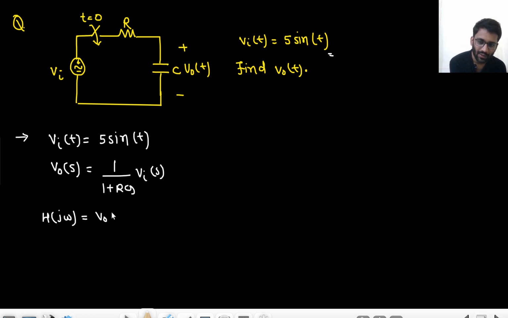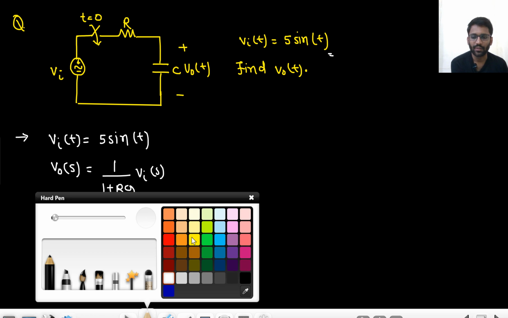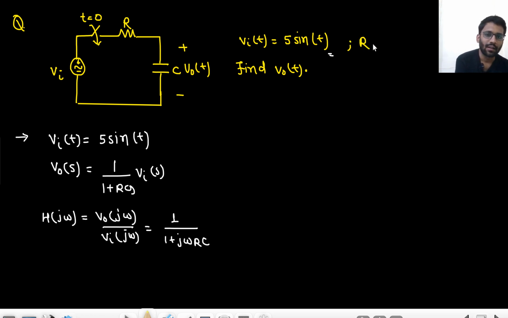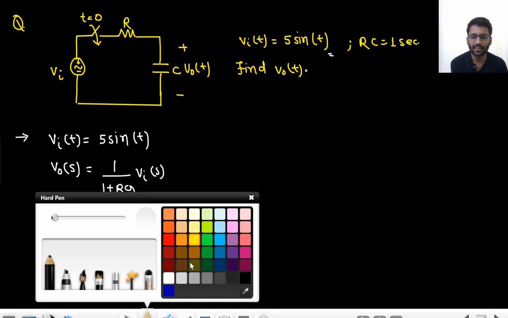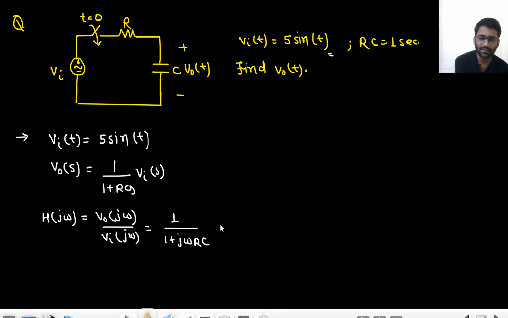That would be v naught of j omega by v in of j omega, and that would be 1 upon 1 plus j omega RC. They should have given the value of RC. RC is 1 second, and since RC is 1 second, it would be 1 upon 1 plus j omega.